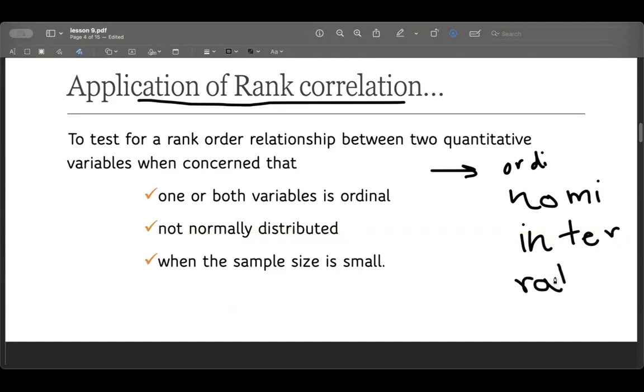These are all four data types we discussed earlier. Ordinal and nominal both are for qualitative data.